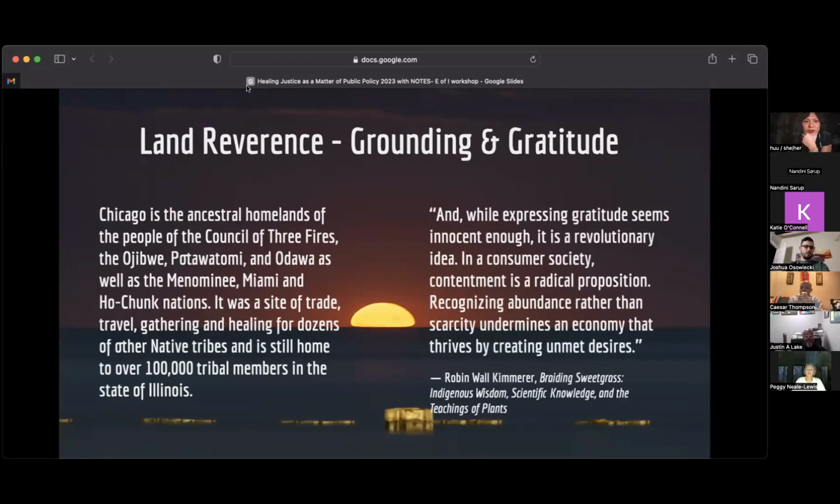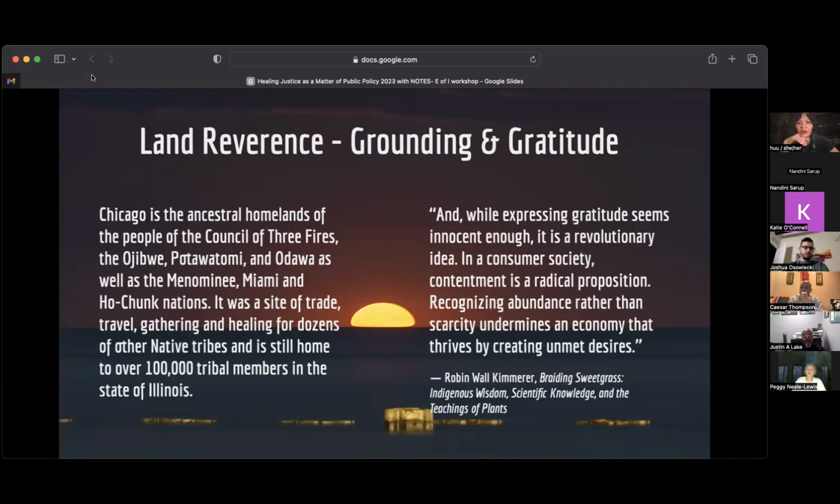So I just want to ground us in this quote by Robin Wall Kimmerer, who's the author of Braiding Sweetgrass: Indigenous Wisdom, Scientific Knowledge, and the Teaching of Plants. And she says, "While expressing gratitude seems innocent enough, it's a revolutionary idea. In a consumer society, contentment is a radical proposition.